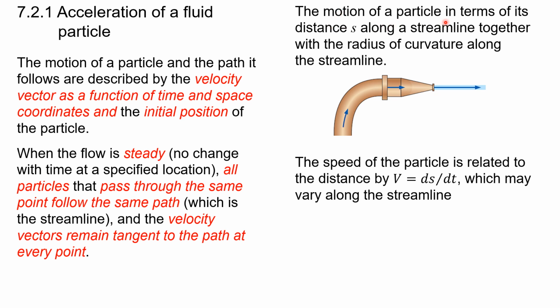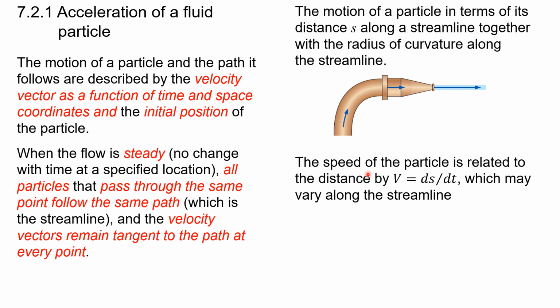Okay, the motion of a particle in terms of its distance s along the streamline, together with the radius of curvature around the streamline. So let's say it is a pipe. It will have a radius, and the motion of the particle in the pipe will move here to a distance of s.